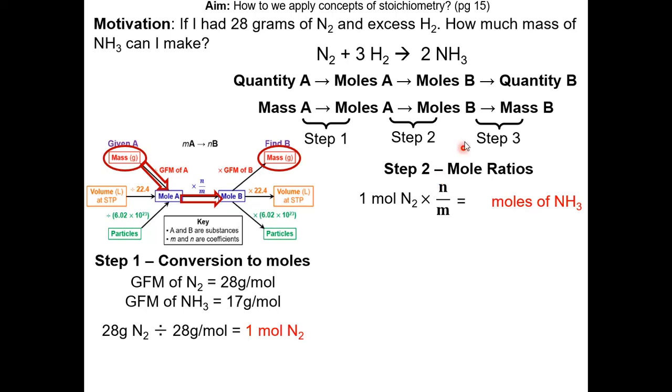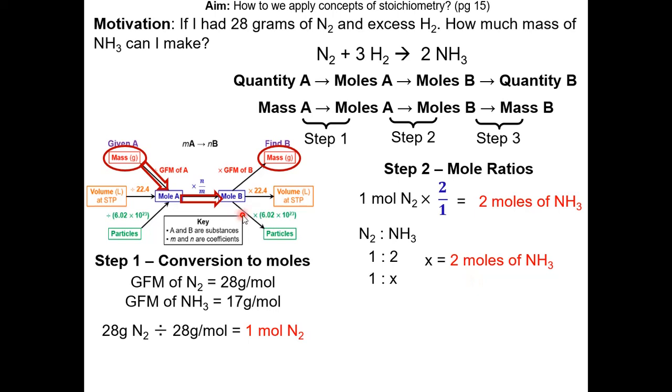N is the coefficient of NH3, which is 2. M is the coefficient of N2, which is 1. So 1 times 2 over 1 will give you 2 moles of NH3. You can also figure out the mole ratio using the traditional method. You set up a proportion, and you solve for the moles of NH3, which is also 2.